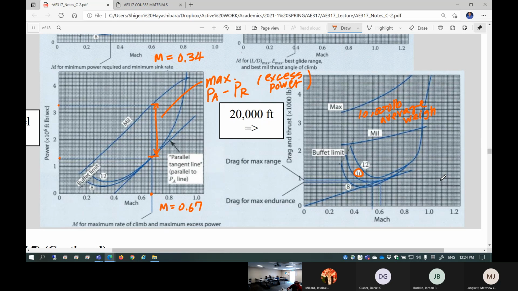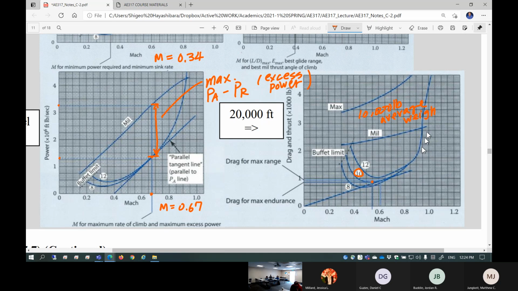Now, for maximum range, you have to fly faster than that. You remember? For maximum endurance, you simply pick this point right here, the minimum power required. In order to maximize the range, you draw a tangent line starting from the origin.